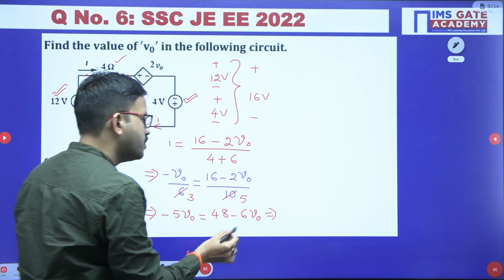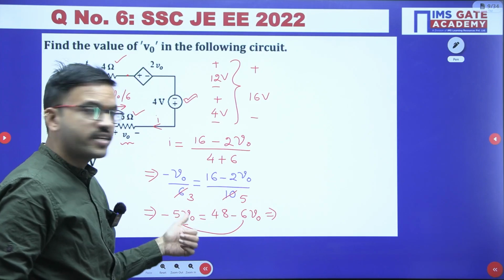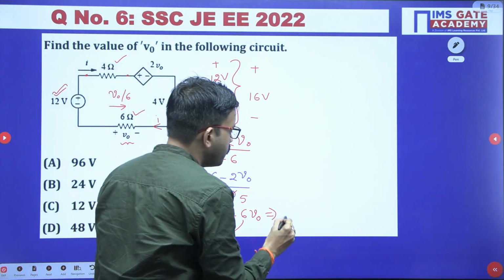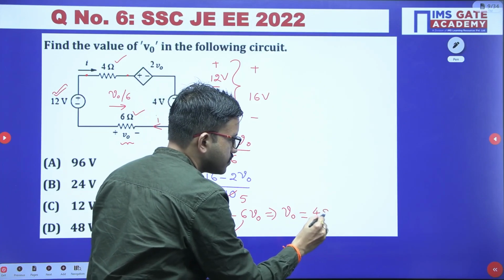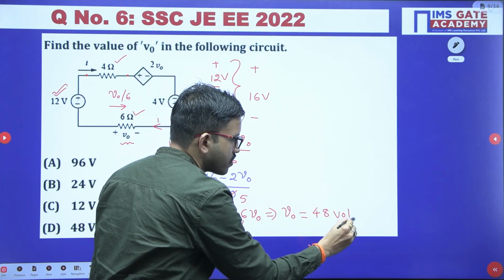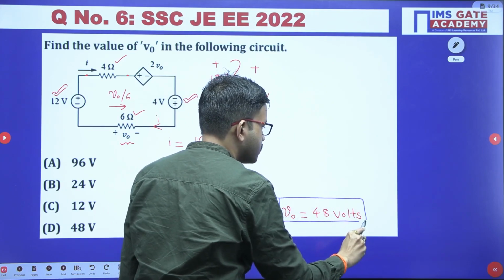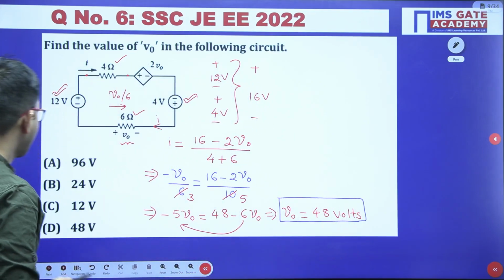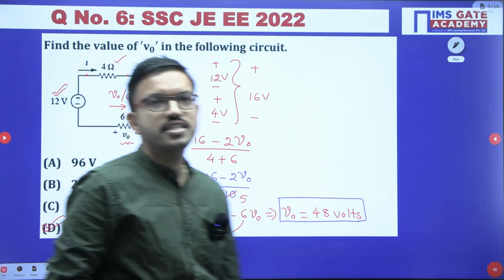You can bring this term to the left hand side, it will become positive. 6 minus 5 is nothing but 1. So you are getting V0 equal to 48 volts. So the answer for this question is option D. I hope it is clear for everyone.